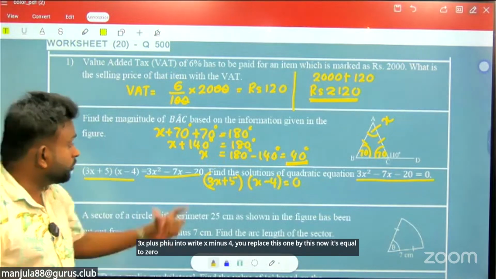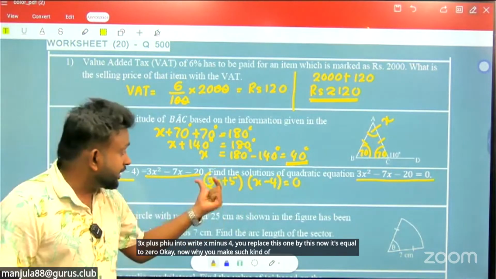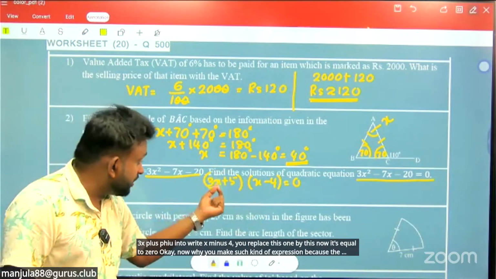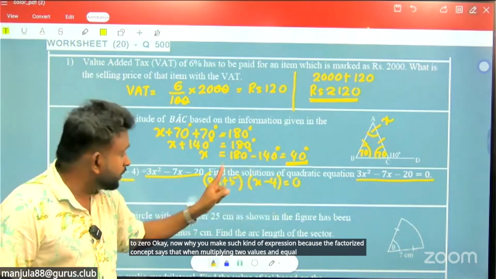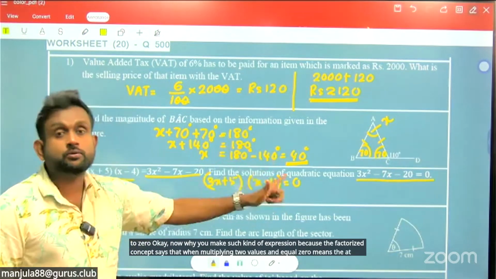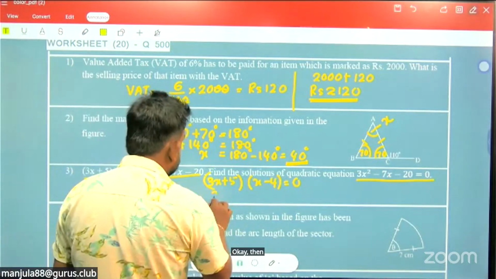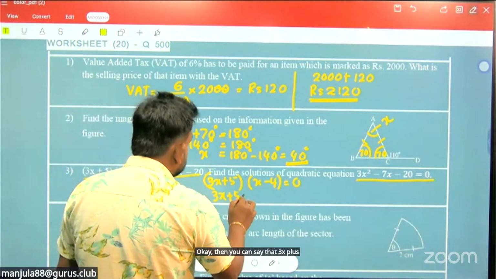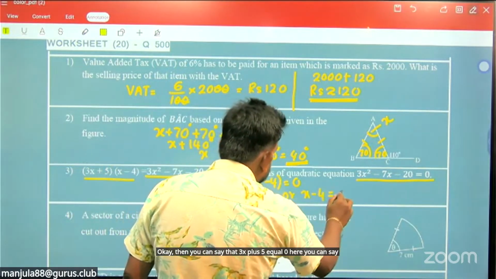Okay, now why do you make such an expression? Because the factorize concept says that when multiplying two values gives 0, at least one of them has to be equal to 0. That's the logic behind that. Then you can say that 3x plus 5 equals 0, or x minus 4 equals 0.